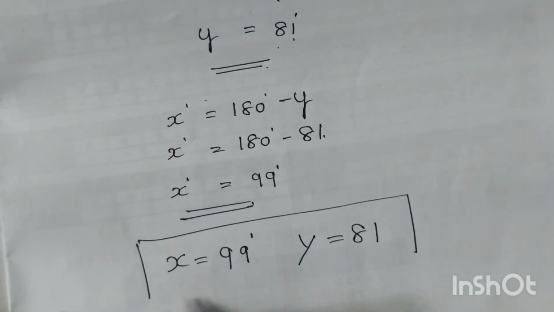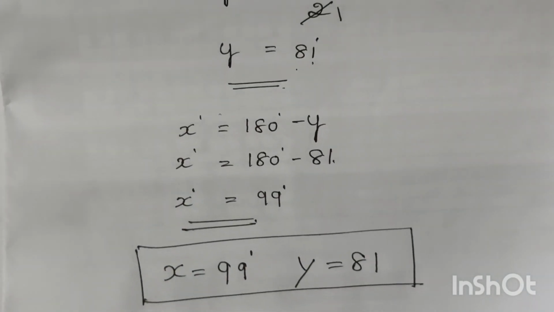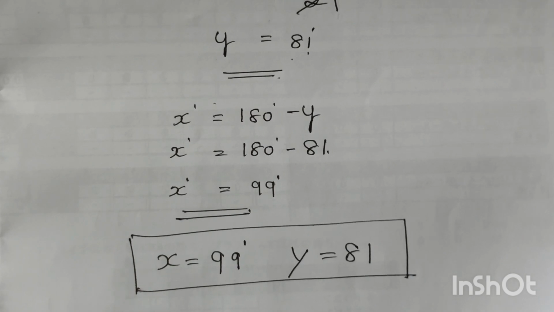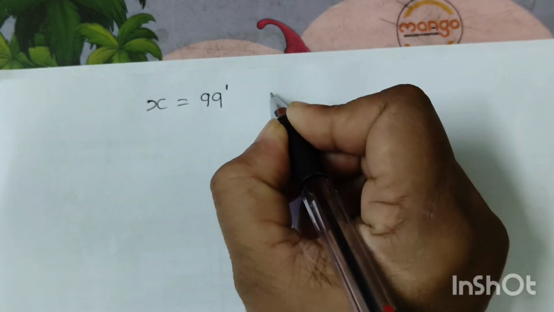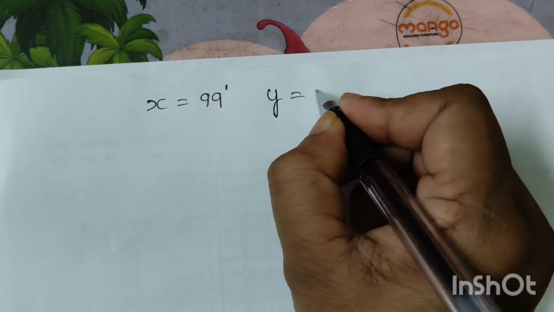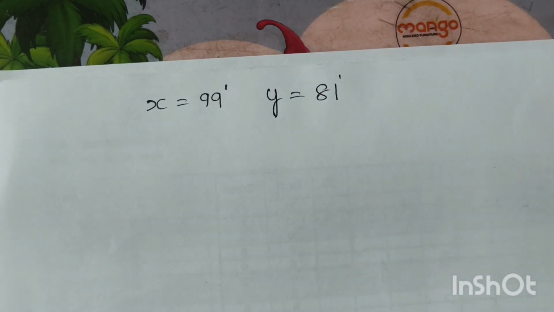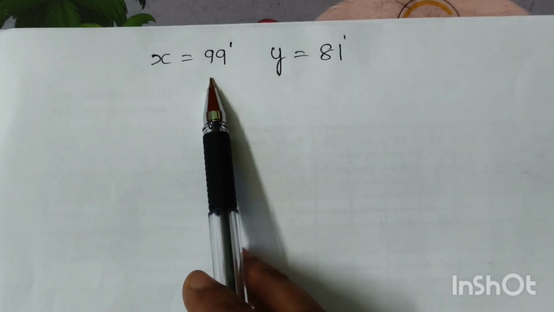This is our answer. Now let us do the verification of this for better understanding, but verification need not be done in your exams. x is equal to 99 degrees and y is 81 degrees. According to the question, the two angles are supplementary.